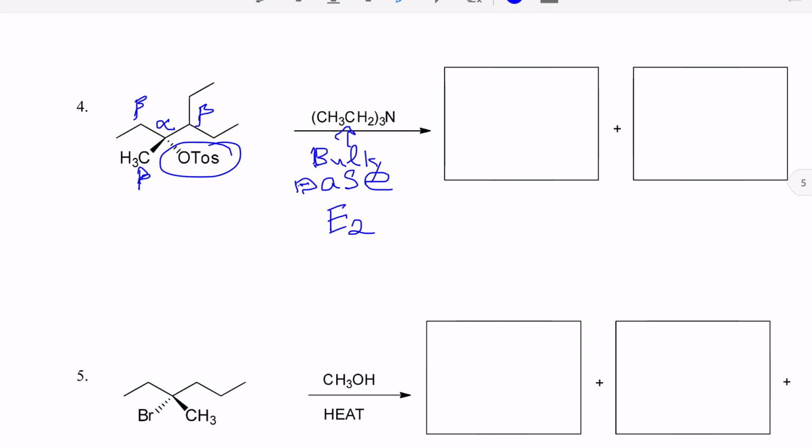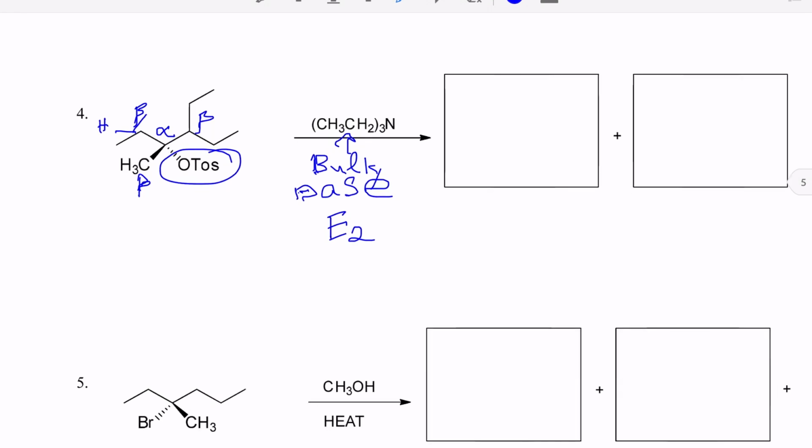So what this means is that if we draw out all the hydrogens, 3 hydrogens attached to this carbon, and 1 hydrogen here, we find that this beta carbon has the least number of hydrogens, right?